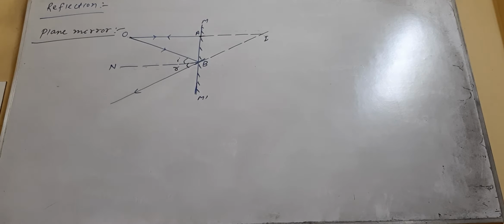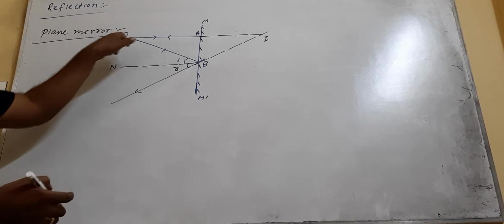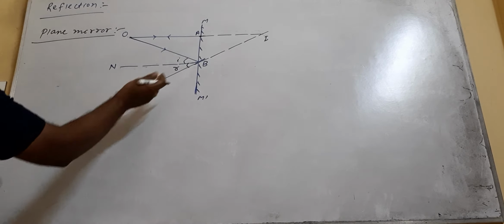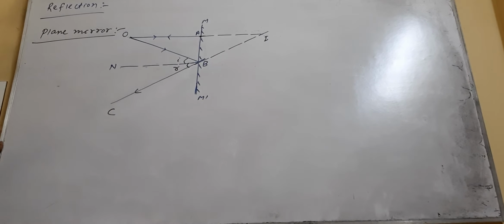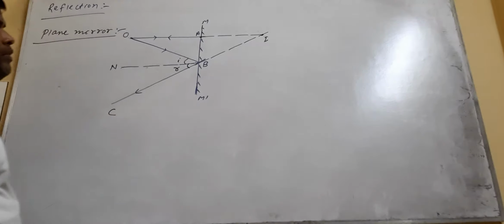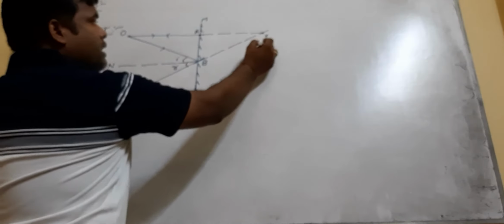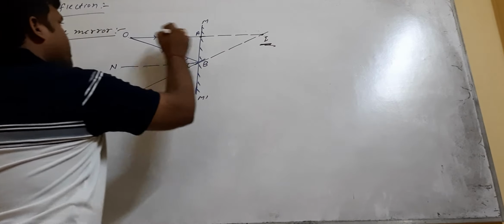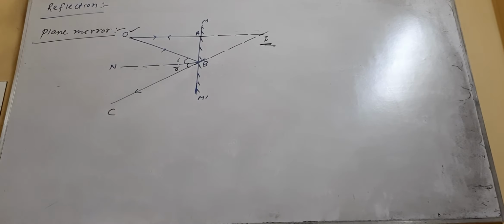So now you see the two rays AO and BC diverge from each other. When they are produced backward, they meet each other at the point I. So now we can say I is the image point of O.